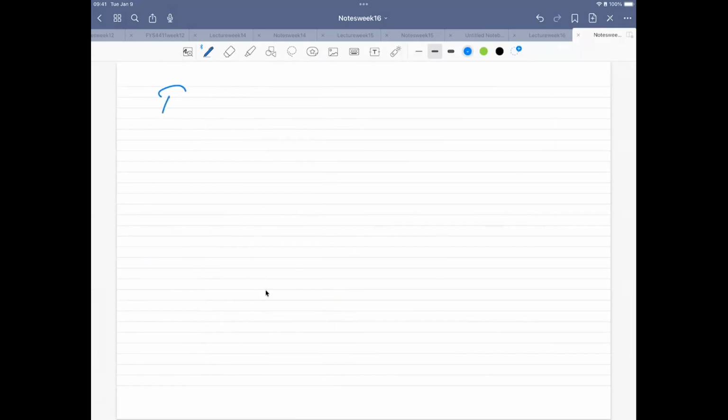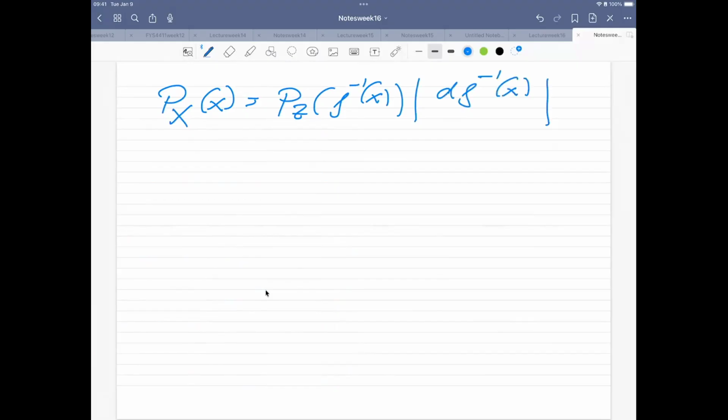If I do that, I get the following expression: p of x equal to p of z of f minus 1 of x, times the absolute value of d of f inverse of x, d of x. In several dimensions, what you end up with is a Jacobian, because f is then a function of many variables.